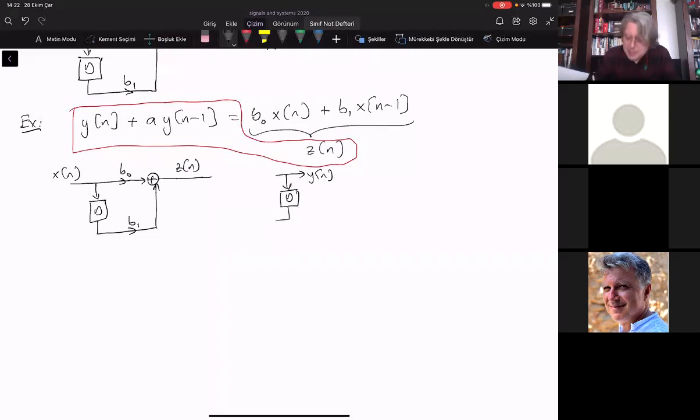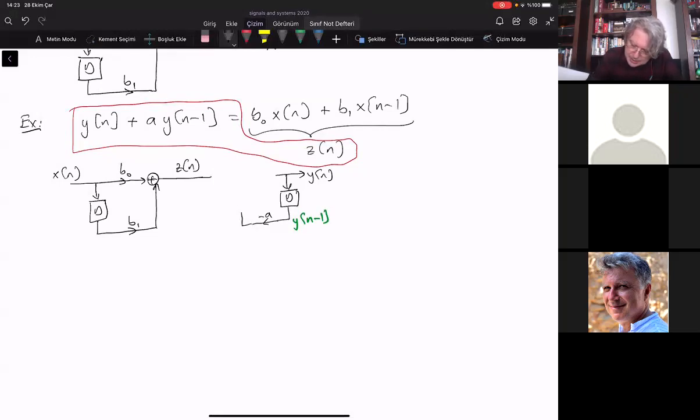And that y of n minus 1 is multiplied by minus a. You remember that? Because y of n is equal to z of n minus a times y of n minus 1. So minus a is the scale for y of n minus 1. Let me write it in green again, in case you may want to track where y of n minus 1 is.